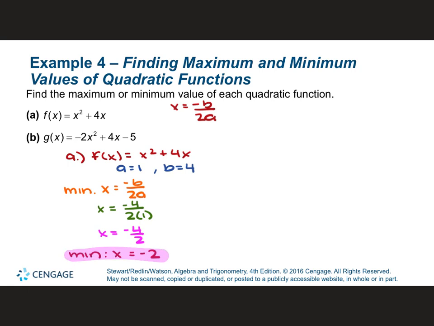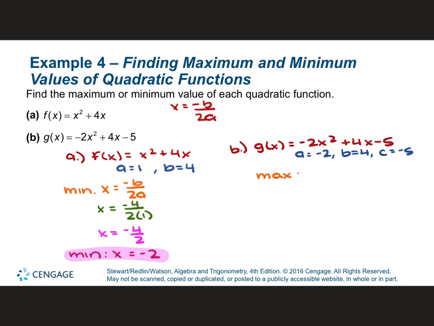For our second function here, b, we have g of x is equal to negative 2x squared plus 4x minus 5. So our a value is negative 2, our b value is 4, and our c is negative 5. To find our maximum or our minimum, we're going to look at a. A is negative 2, so that means our parabola is going to open down and we'll have a maximum value.